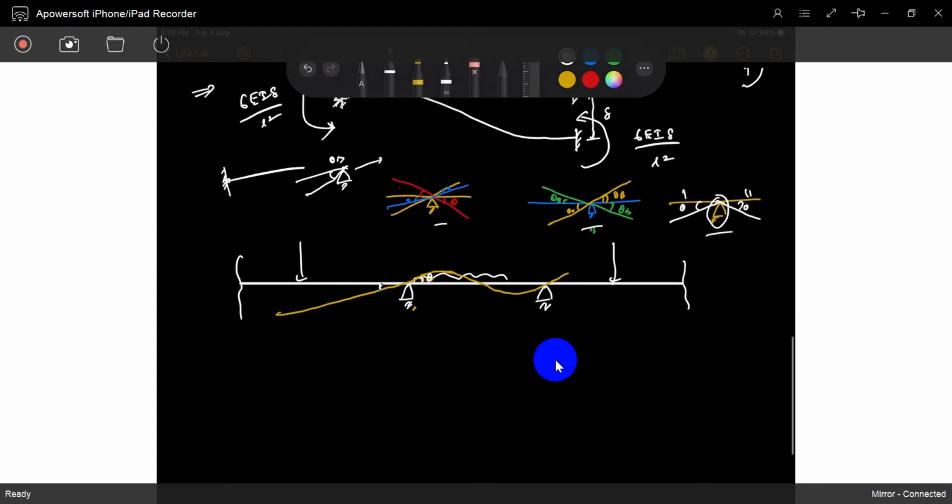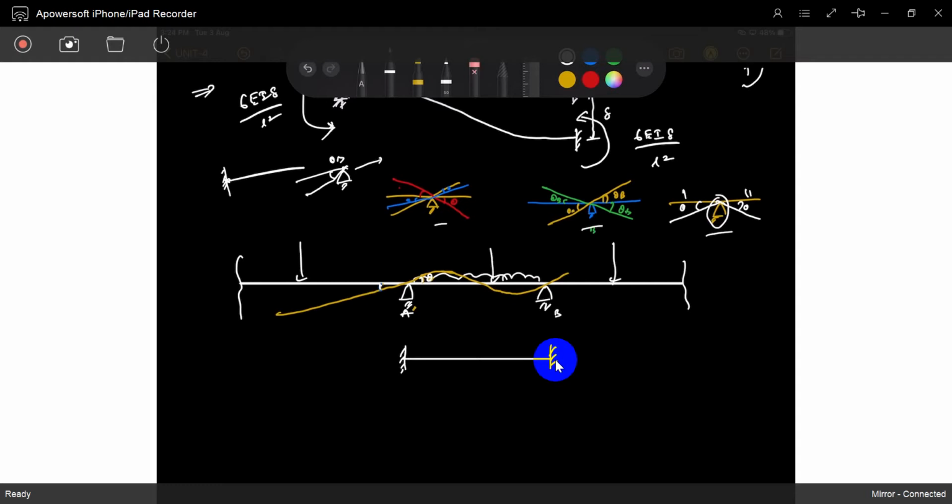First I will assume these two are fixed, so there is no slope. Actually it has a slope based on the loading condition, but first I will assume there is no slope at all at A and B. The span has some loading, a uniformly distributed load or a point load.